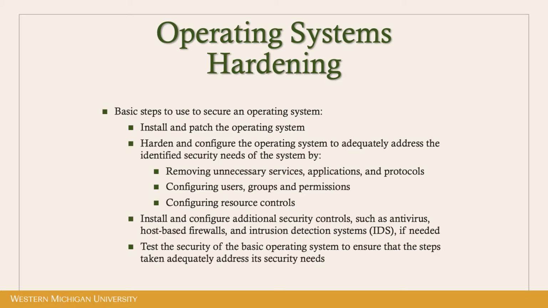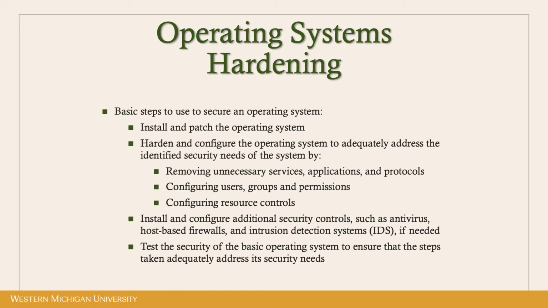So let's take a look at basically a set of steps that we go through when we want to harden an operating system. Right? When we get an operating system going, when we install it on a computer, and we want to secure this thing, we want to make it less susceptible to attackers being able to mess with us. We have some basic steps to secure an operating system. We're going to install and patch the operating system. That's very important.